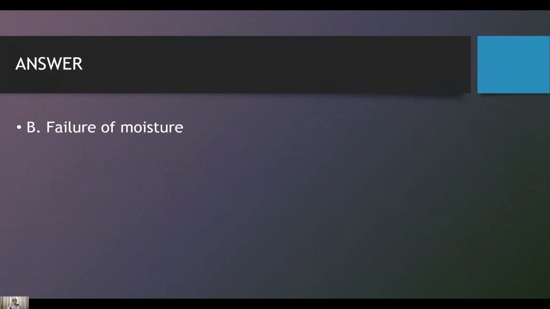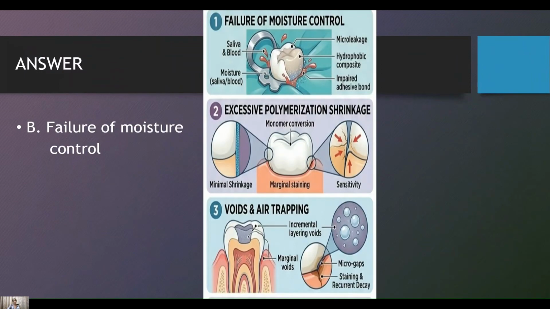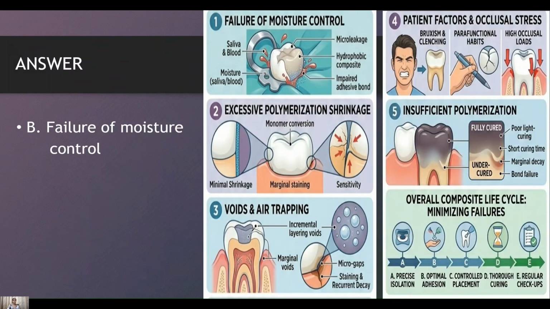Failure of moisture control. While shrinkage and incremental voids are definitely tricky technical hurdles we have to manage, a lack of moisture isolation is the absolute leading culprit behind structural failure. Why? Because composite resin adhesive systems are notoriously hydrophobic. They absolutely hate water.